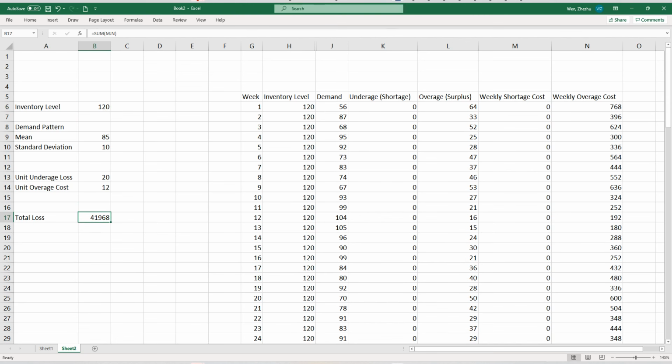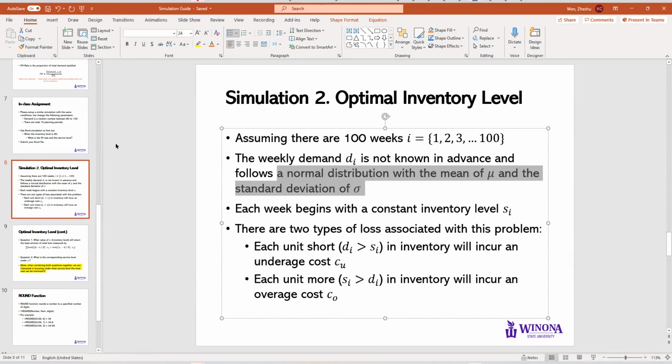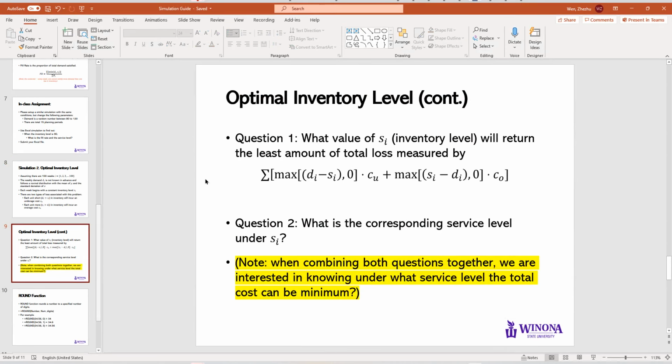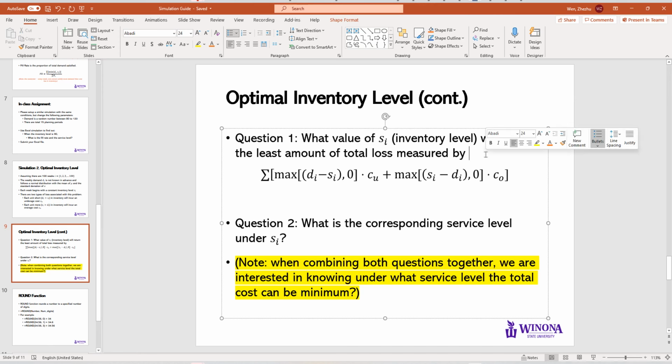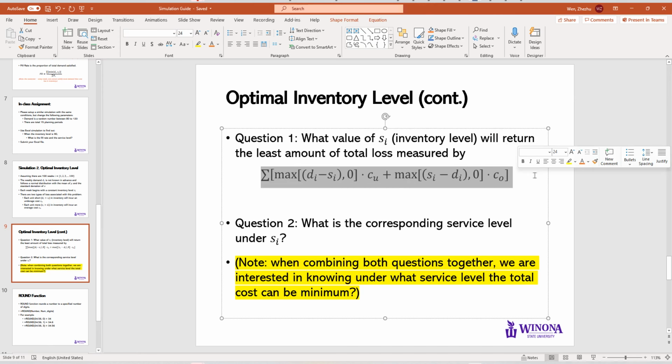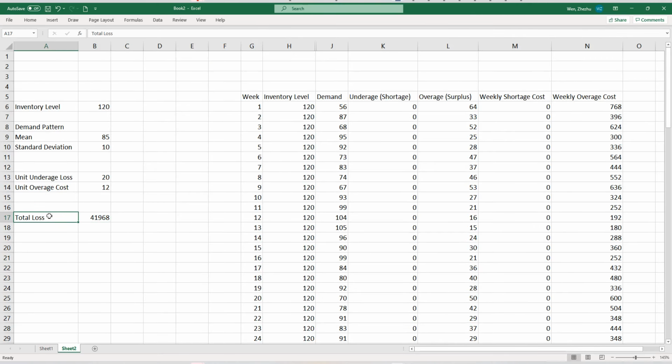Let's go back to our PowerPoint slide to make sure what our question is. What value of SI, which is your inventory level, will return the least amount of total loss? The entire Excel spreadsheet we've just done in the past 10 minutes is trying to capture this thing, B17.